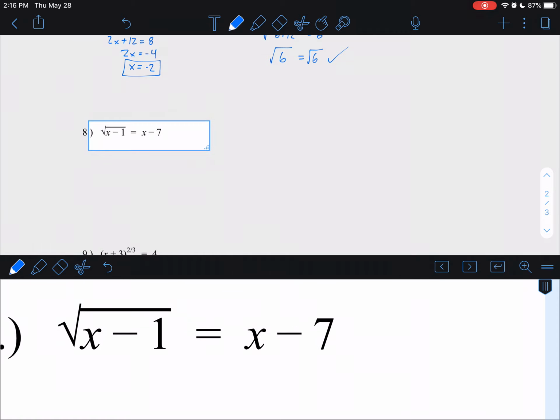On this next one, this one's going to be a bit different. So I have the square root of x minus 1 equals x minus 7. What I'm going to do is put that in parentheses and square it, and put this in parentheses and square it. So the square root and the square cancel out over there.